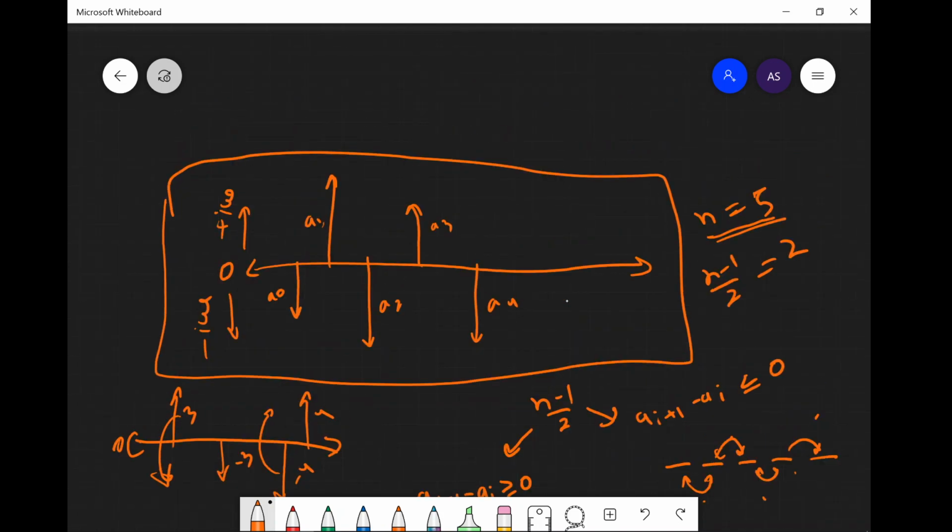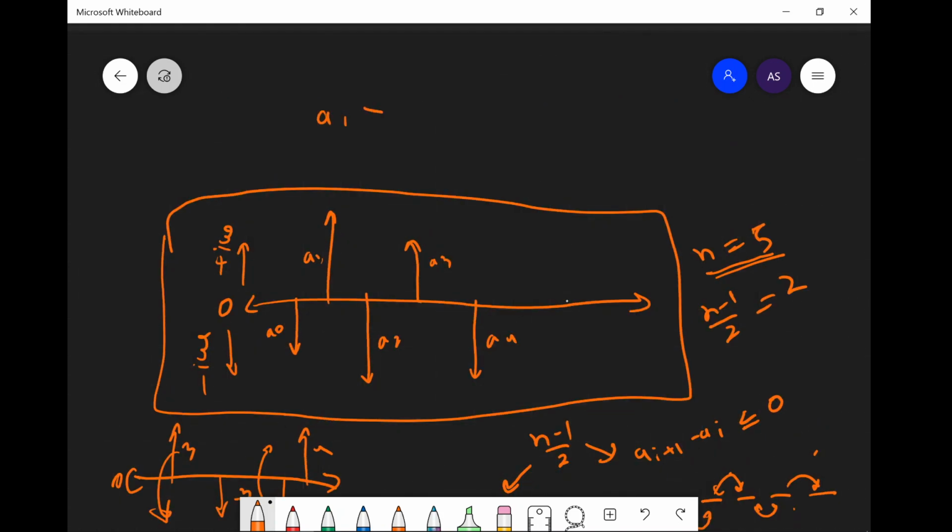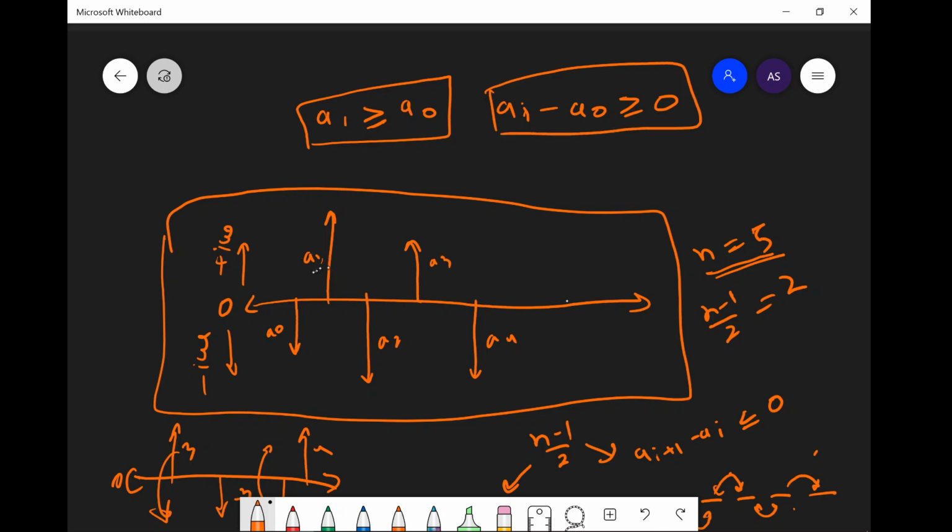If we see a1, a1 is always greater than a0. If we take a1 as some positive number, a1 could be 0, so let's make it greater than or equal, because if both of them are 0, then this equality will always hold. Then a1 minus a0 would be greater than or equal to 0. In this kind of structure, where the domain of a1 is from 0 to plus infinity, and a0 is from minus infinity to 0, this condition would always be valid.